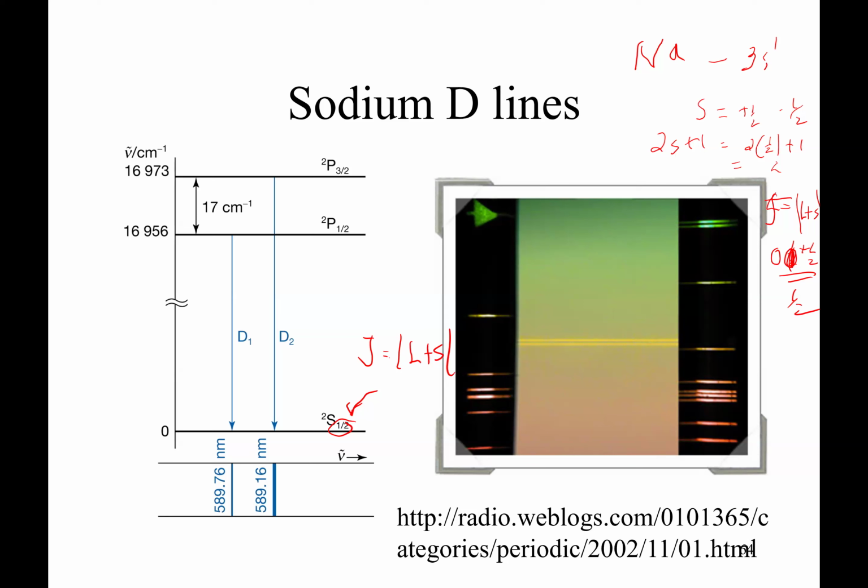Okay, so what we know is this particular information is relevant in the sense that all these term symbols correspond to the energies that we measure. And they can be measured.